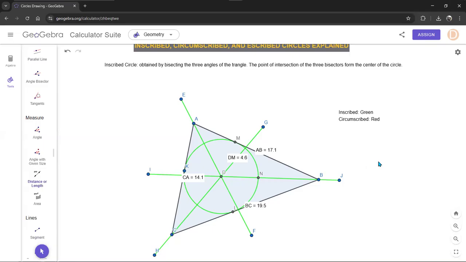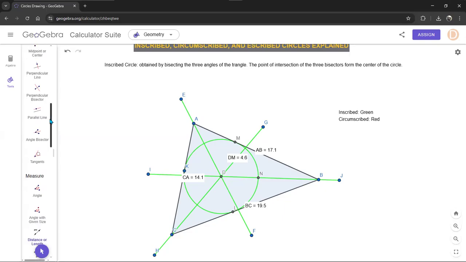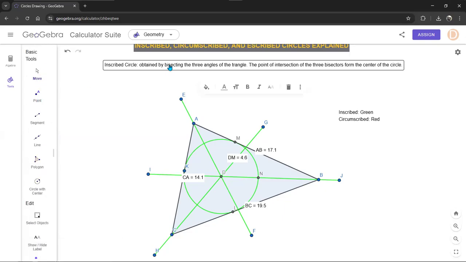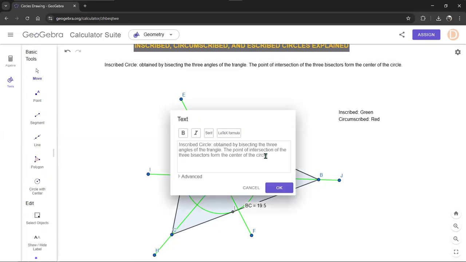So since we have now covered everything about the inscribed circle, we can go ahead to the circumscribed circle. Under there, we just add another point down here. So we are now at the circumscribed circle.